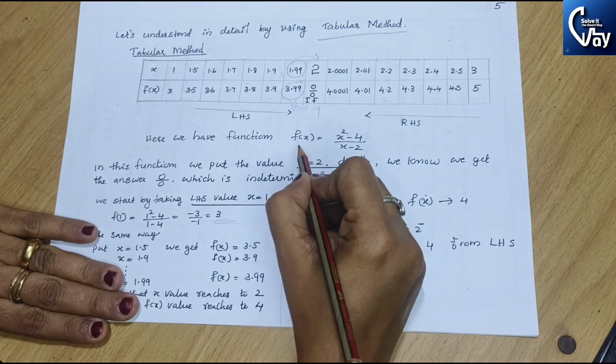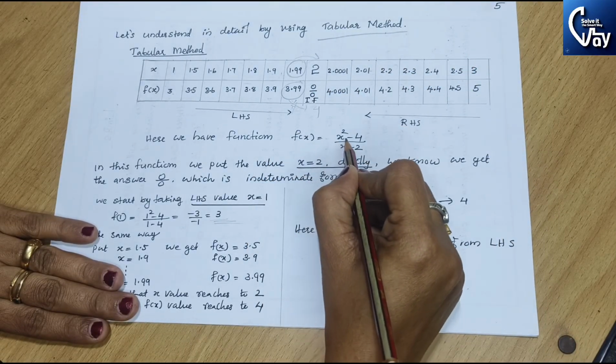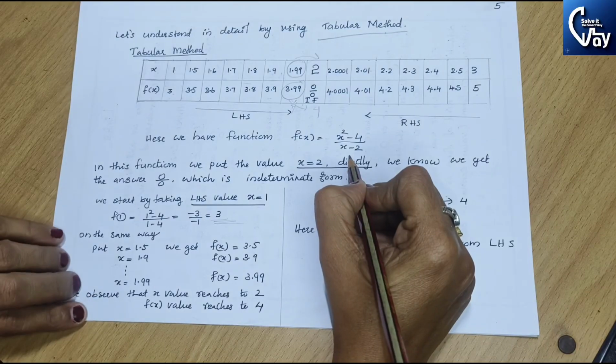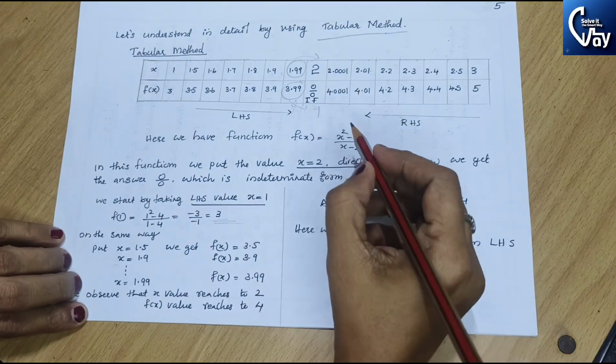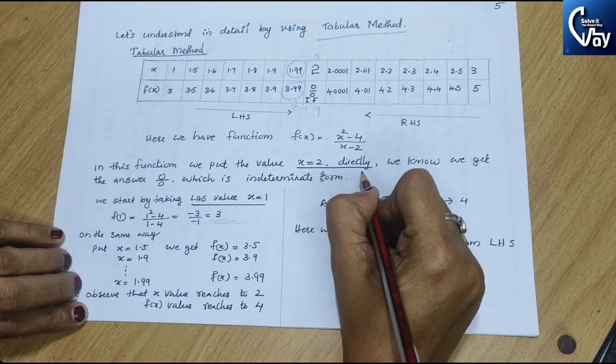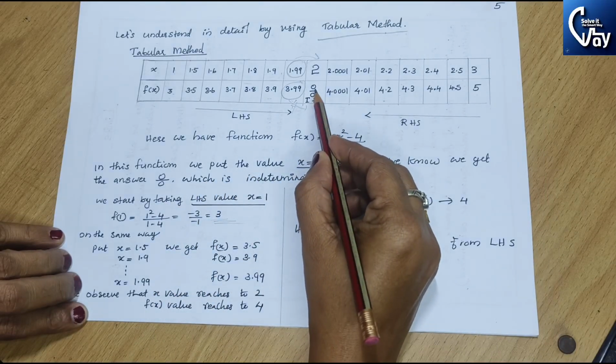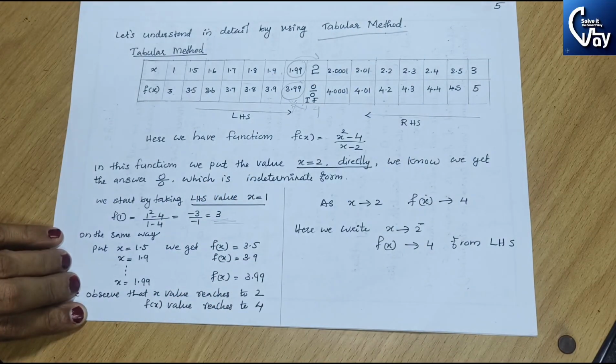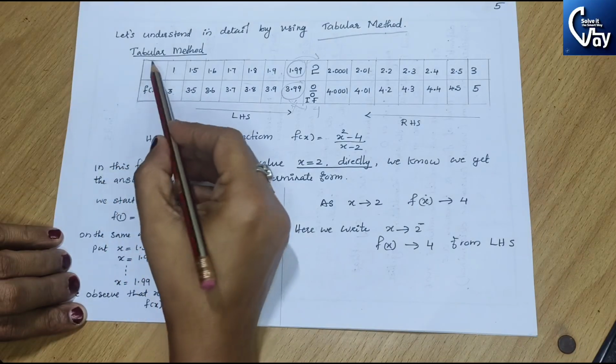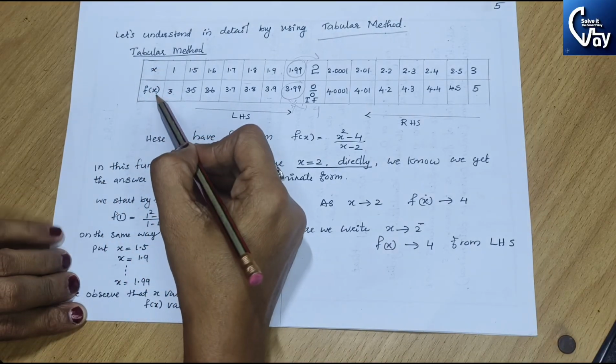Now, we know that the function is f of x equals x square minus 4 by x minus 2. In this function, if we put the value x equal to 2 directly, we get the answer 0 by 0, which is known as indeterminate form. Now, this is x and this is f of x.